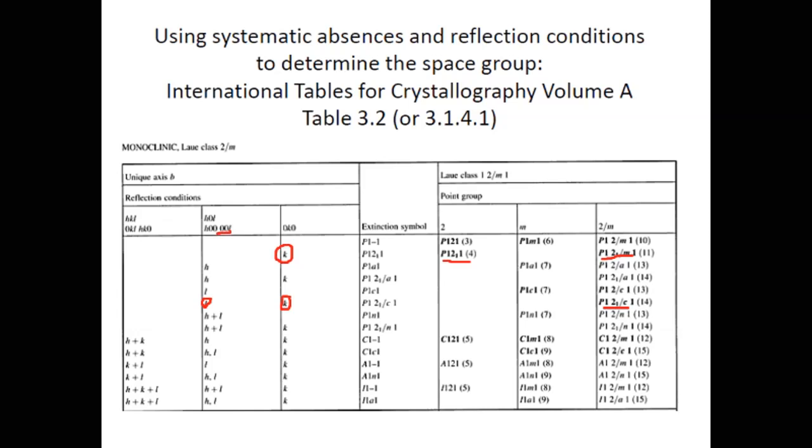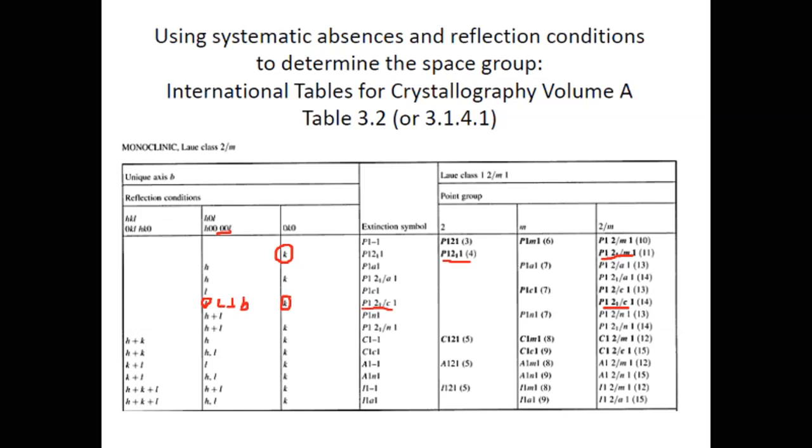This tells you there's a C-glide perpendicular to B. And then the 0K0, where K is odd, tells you you have a 2 sub 1 parallel to B. And that can only be the space group P21 upon C. So sometimes you can narrow it down to one space group.